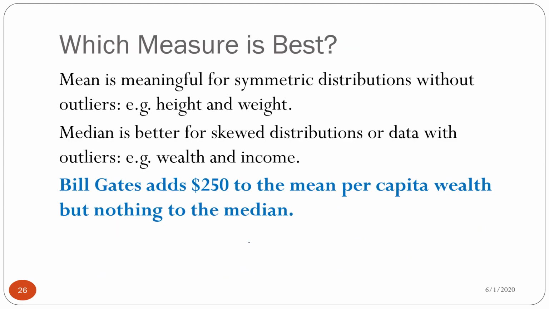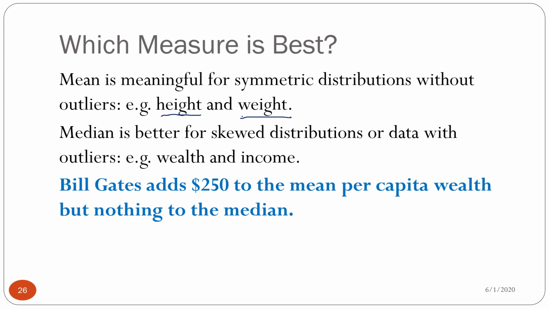Now the point is, which measure is best? I'll say it all depends on the kind of data that you're handling. The mean is meaningful if you have a symmetric distribution and you don't have outliers. The mean is best when you're dealing with data on the heights or weights of people.